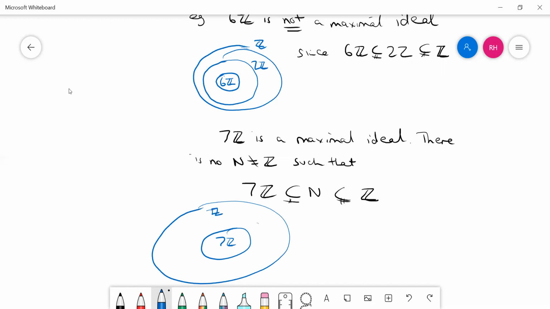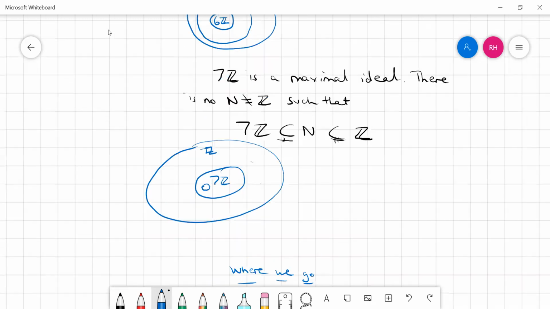There's nothing you can draw here, another set between them. Of course, you might say 14Z, but 14Z is in here somewhere, a little one here. It's a subset of 7Z, so that doesn't help us. Okay, so that's a maximal ideal.